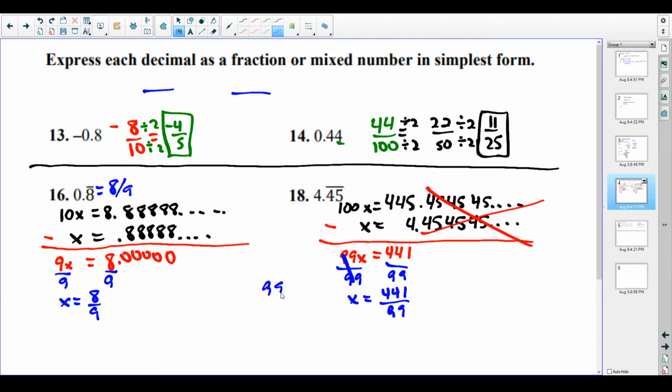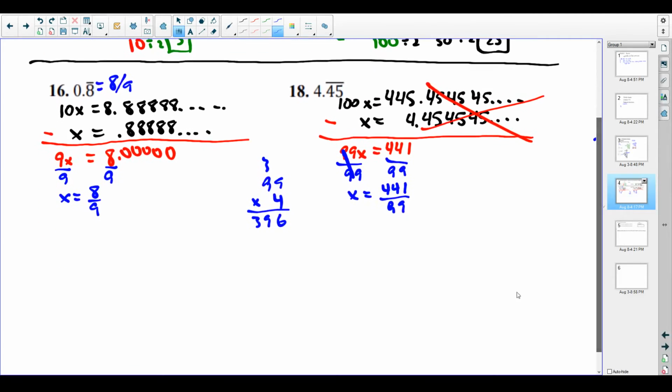And then we can simplify this, because I know the whole number is 4. So 99 times 4 is 396. And then how many 99s would be left over? So we'd say, what is 441 minus 396? So we're saying all the parts we had total, minus the whole number part of it to get our remainders.